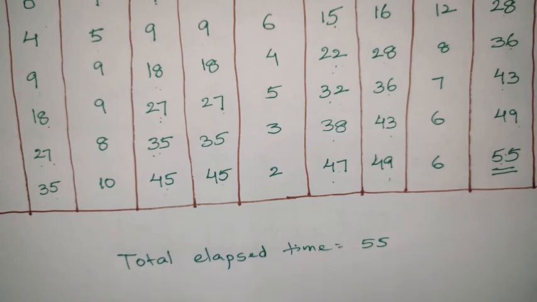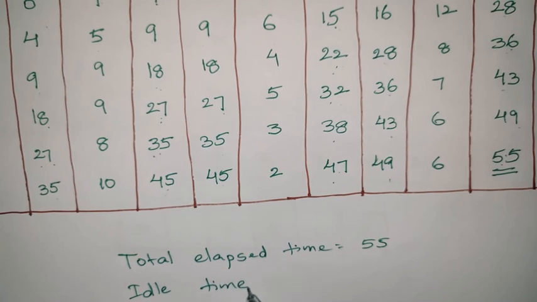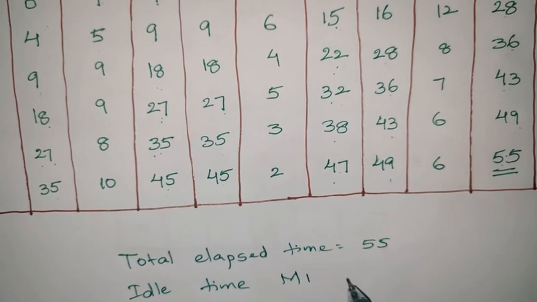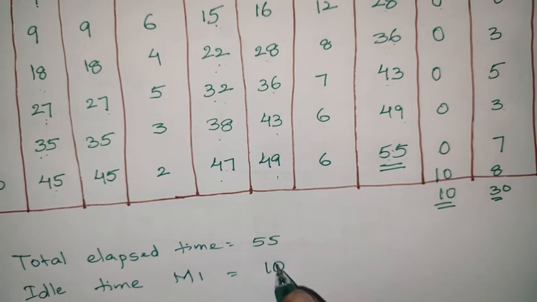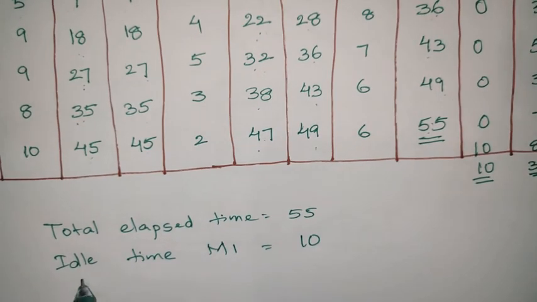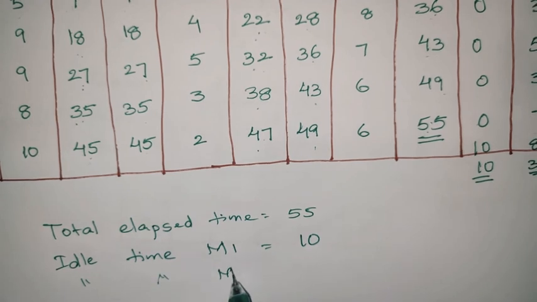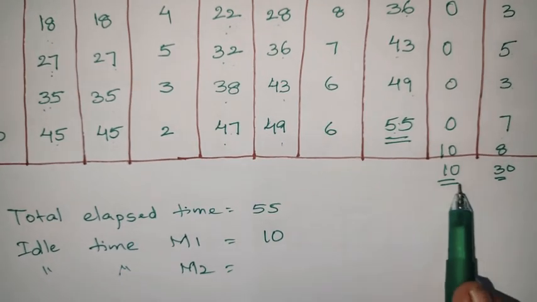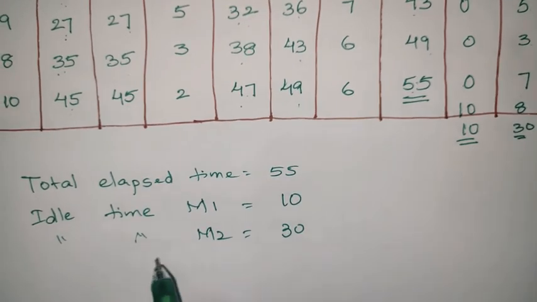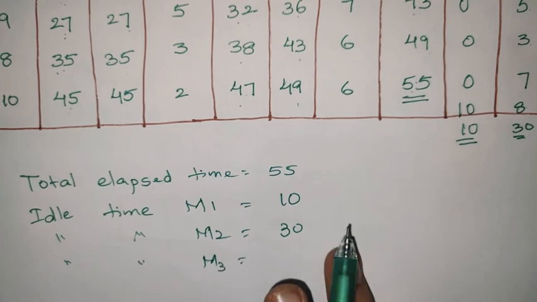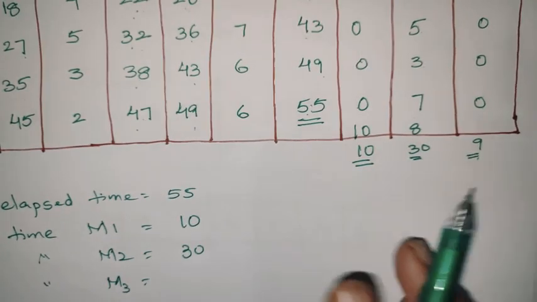Next, idle time on machine 1 is equal to 10. Idle time on machine 2 is equal to 30. Idle time on machine 3 is equal to 9.